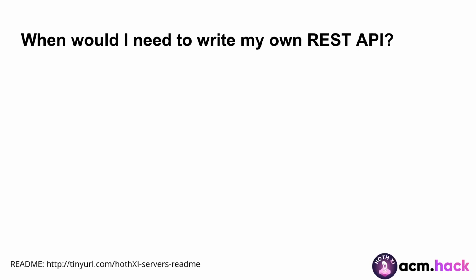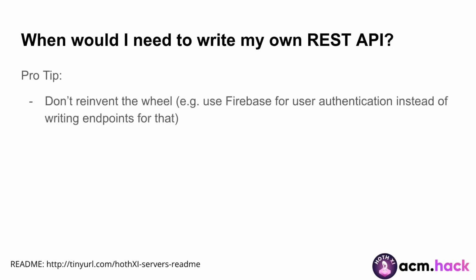Okay, so I've been alluding to the fact that you're going to be wanting to write a REST HTTP API server in order to manage a database. But why? Well, my tip is actually don't, if you can avoid it. For example, if the only thing your application is doing is logging someone in, just use Firebase, because they already made a really great integration that does that automatically for you.